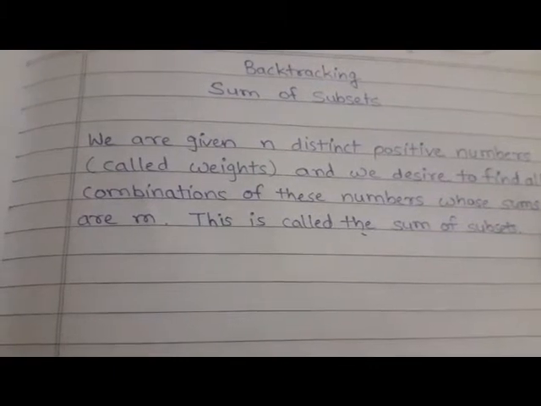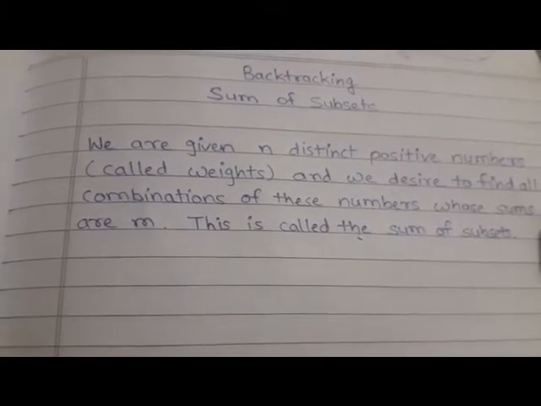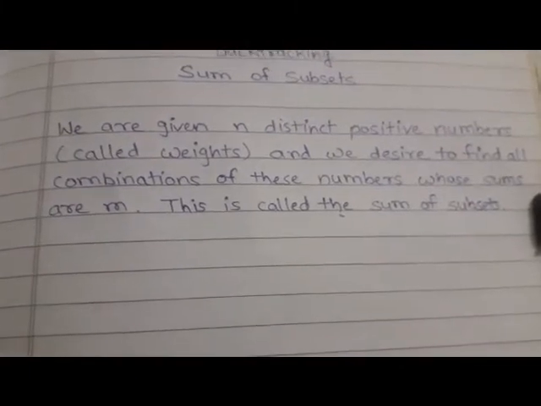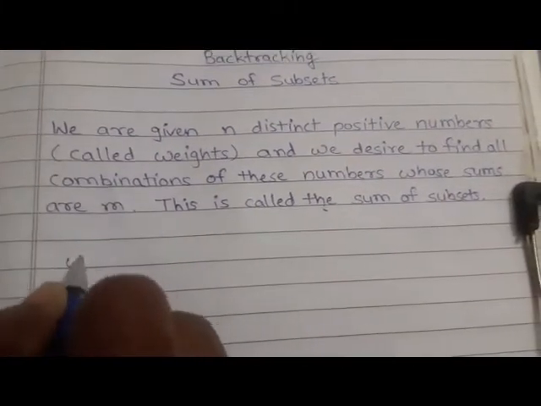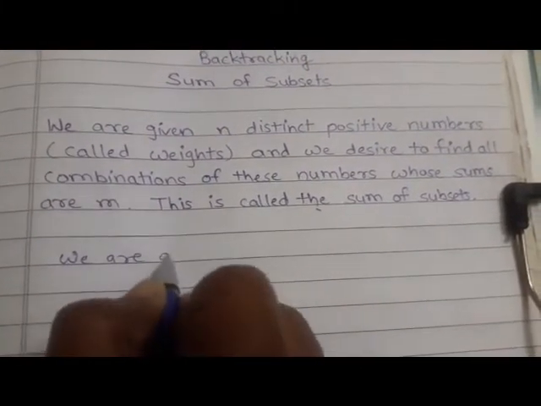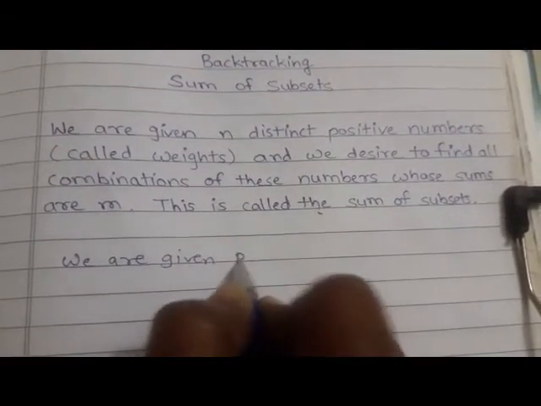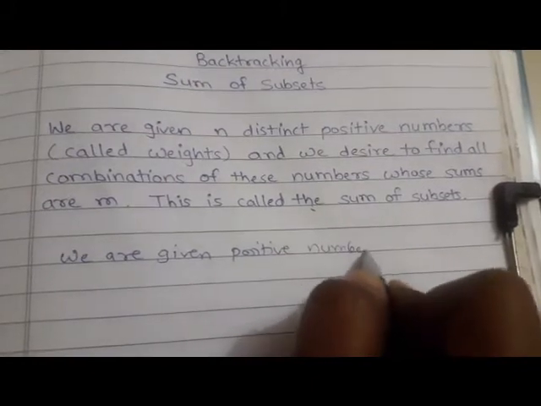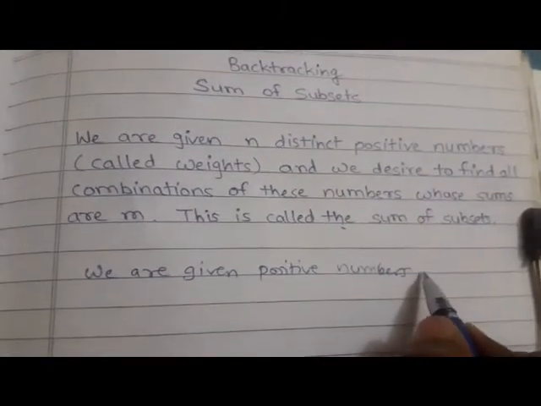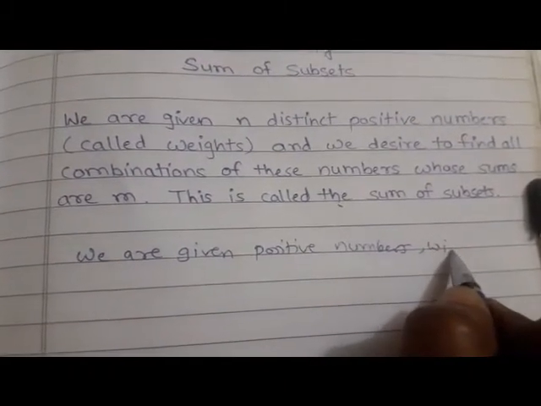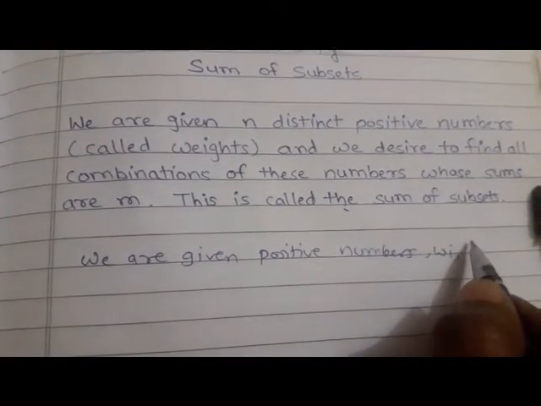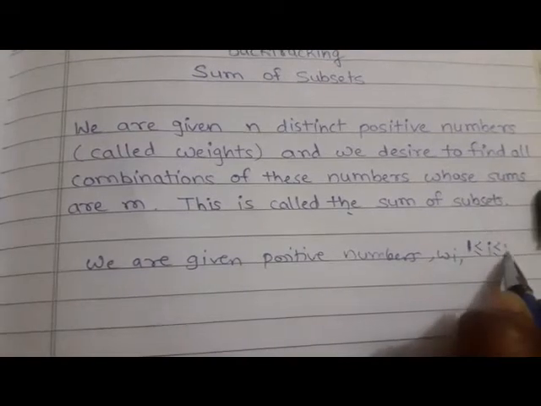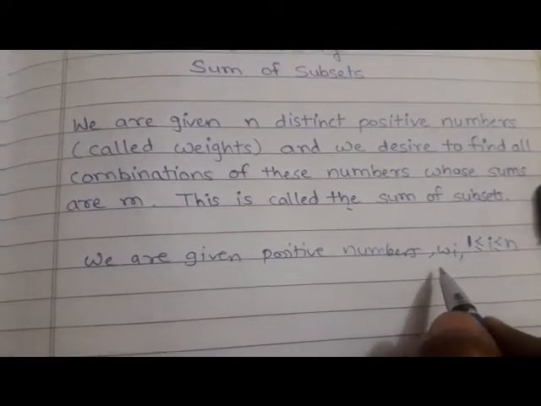For simplicity, we consider that we are given positive numbers wi, where i ranges from 1 ≤ i ≤ n.